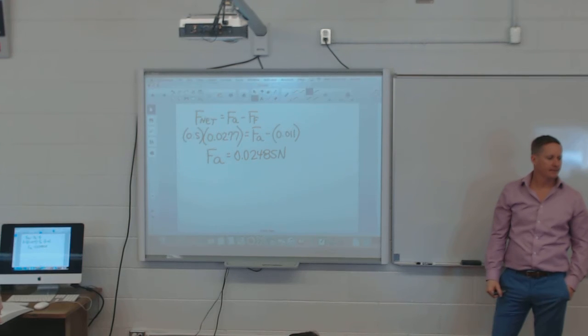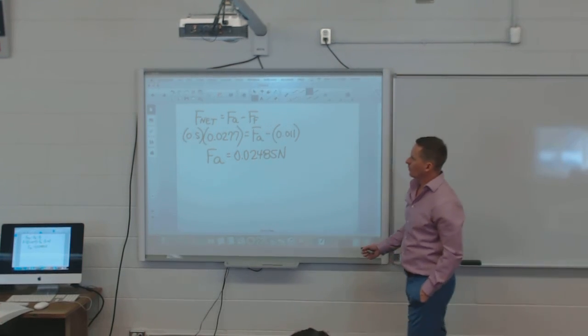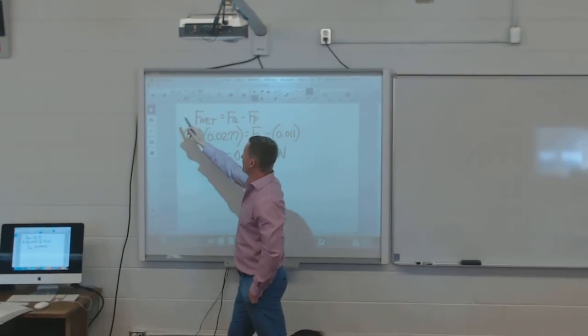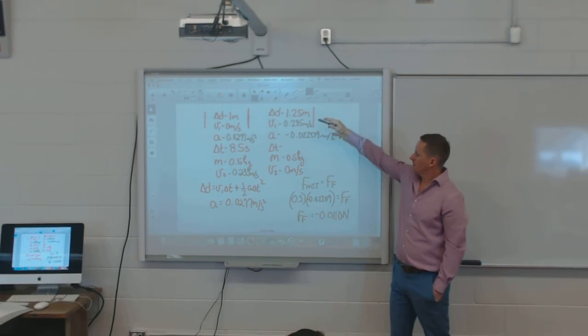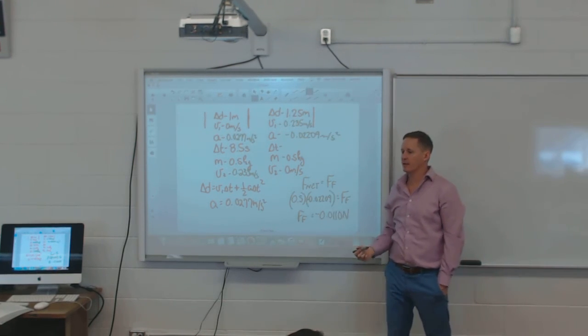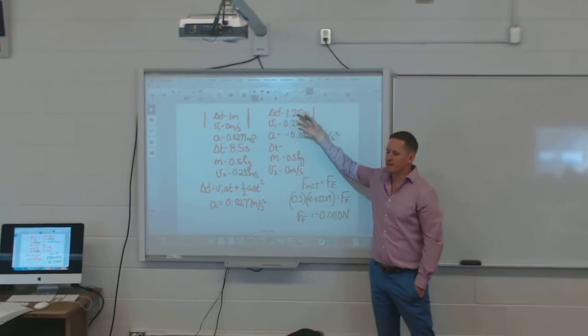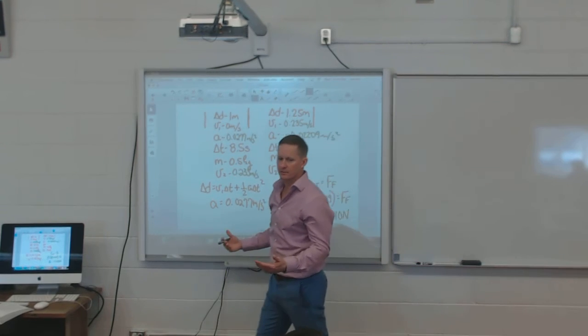So again, when I'm looking at this question, I treat it the same way that I treated all the stage questions in kinematics. Find the missing pieces of information, and then apply them to my force.